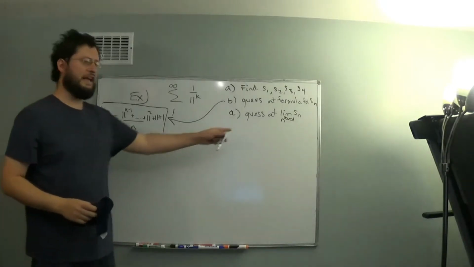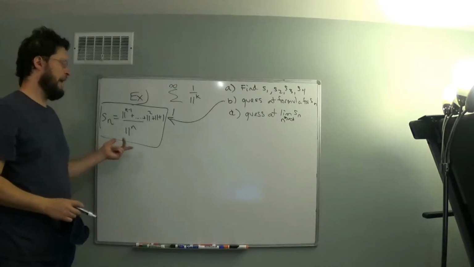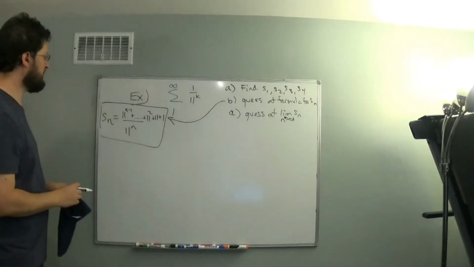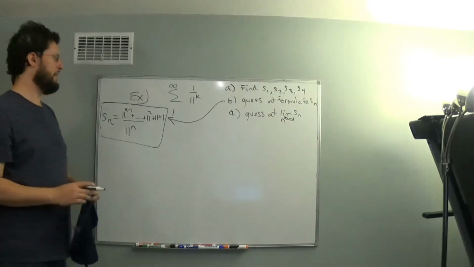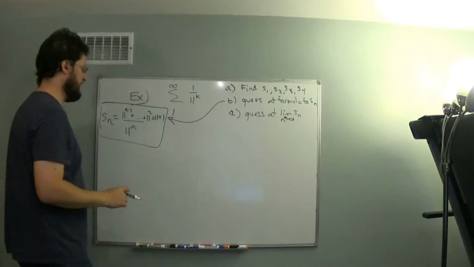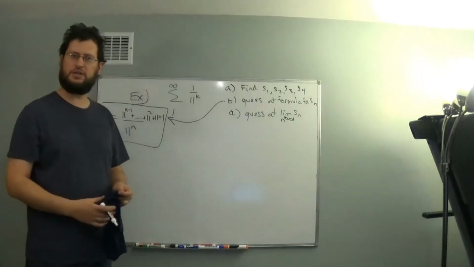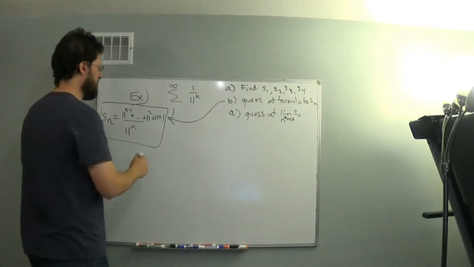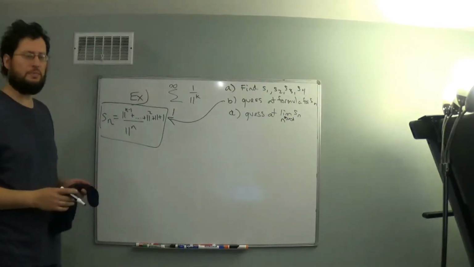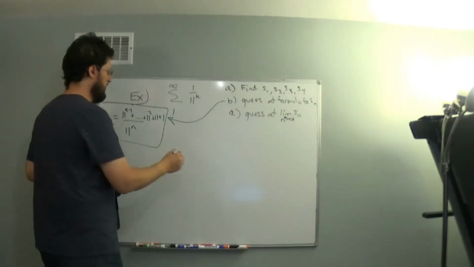For part C, guess at the limit as n goes to infinity. As it's written, it's not obvious at all what to do, and so we need to do some algebra tricks in order to make that work out a little bit better for us. Many of these are given in the text version of the example here, so I'm not going to go through all of the gory details, but I will give you some of the basic ideas of what's happening in this algebra.